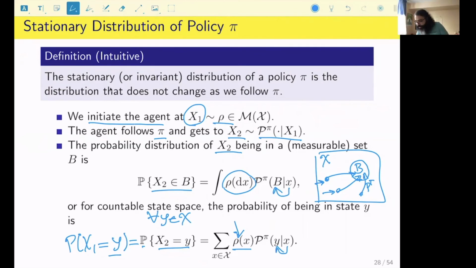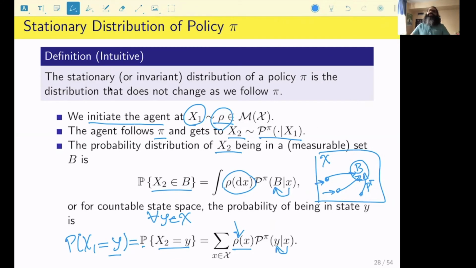No, in this slide I'm not talking about any stationary distribution yet. I just talk about if we start at rho, what will be the distribution at x2? Yeah, but that distribution is about the environment transition dynamics rather than the policy.